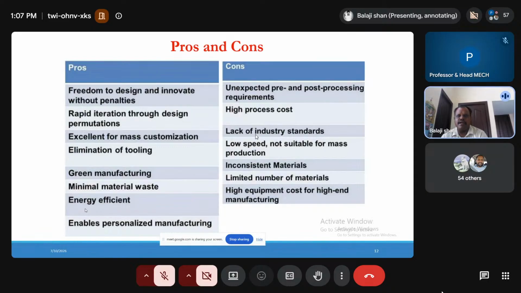Some of the concerns are unexpected pre- and post-processing requirements, because if we select some alternative or specialized material, the cost will be very high. For example, for fused deposition modeling, up to 200 degrees centigrade, the machine and material cost is very low.